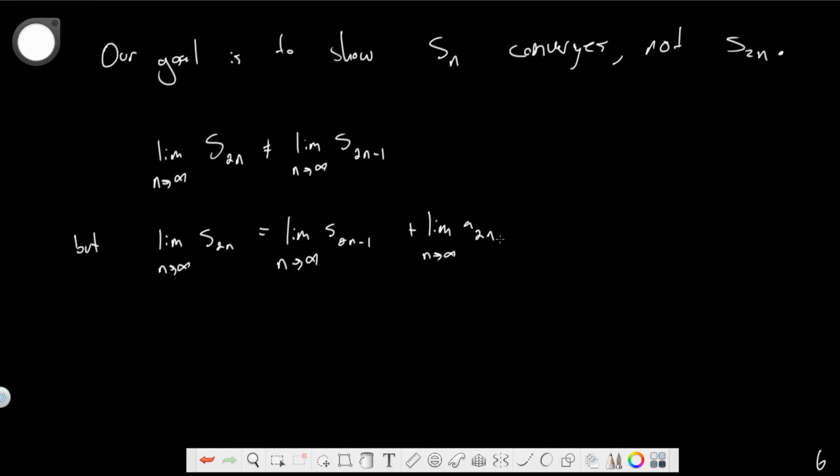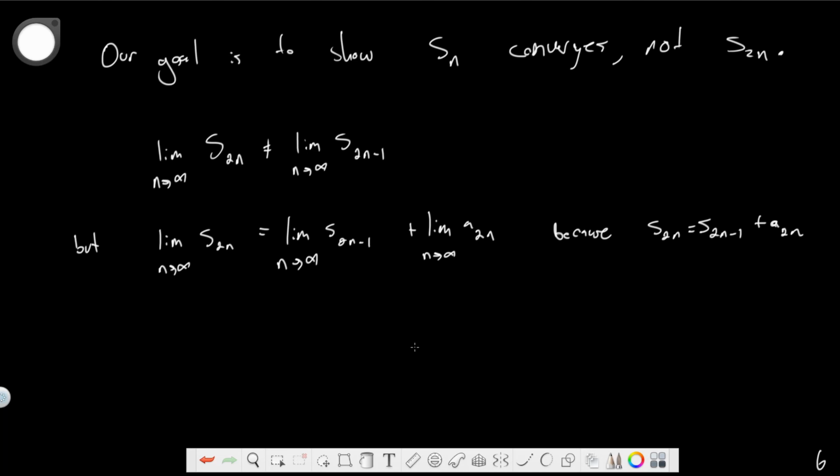Those things are equal. Why? Because S sub 2n is equal to S sub 2n minus 1 plus the next term, a sub 2n. Of course, you can just take the limit of both sides, and the limit laws apply to addition. So this is true.